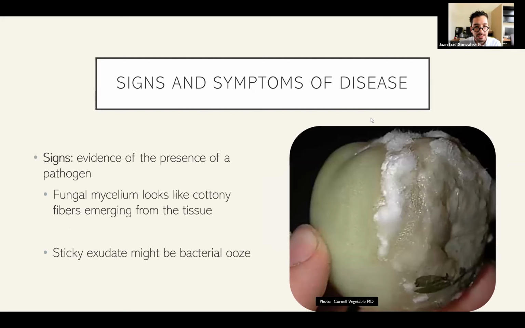A sign of a disease is a direct evidence of the presence of the pathogen. For example, with certain infections by fungi, often cottony fibers appear, emerging from the tissue. However, in the case of infections with bacteria, it is often that we see a sticky exudate coming from within the plant tissue.